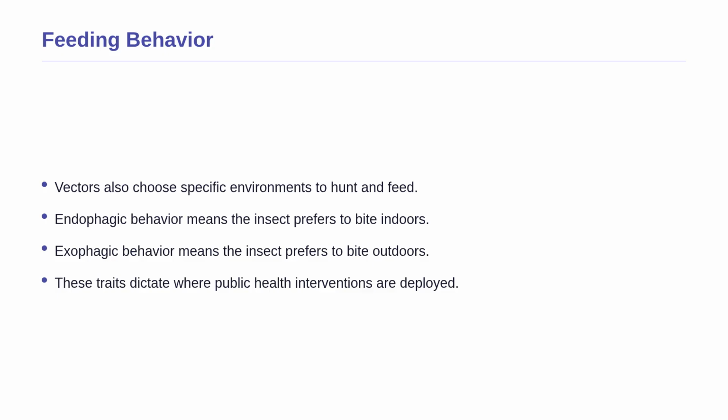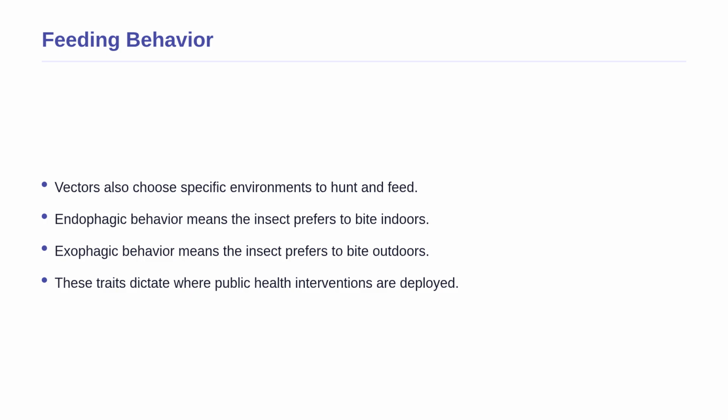Beyond just who they bite, we must also consider where they bite. This brings us to feeding behavior. Some vectors prefer to hunt and bite inside our homes. This is called endophagic behavior. Others prefer to stay outside, which is known as exophagic behavior.